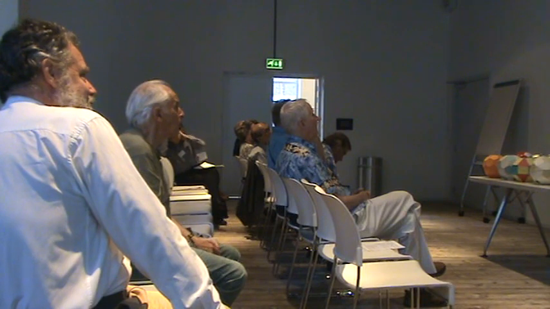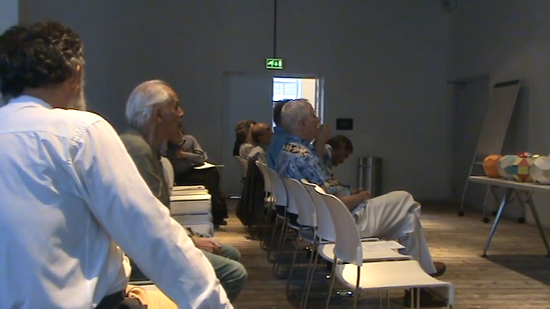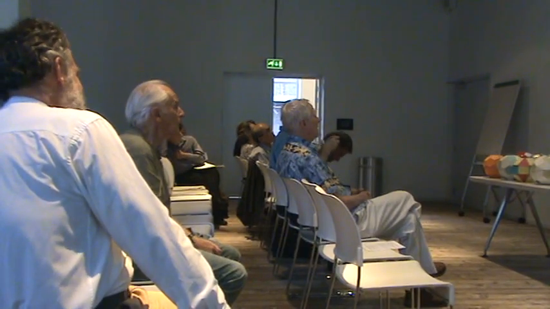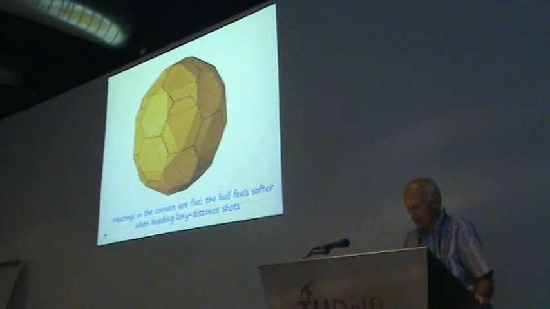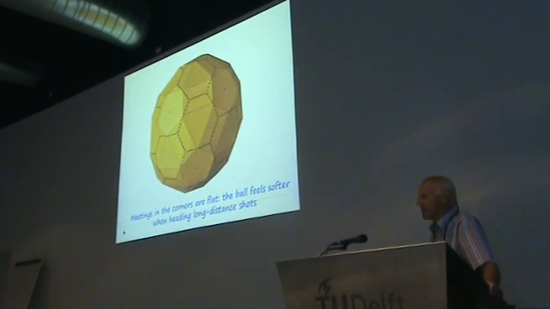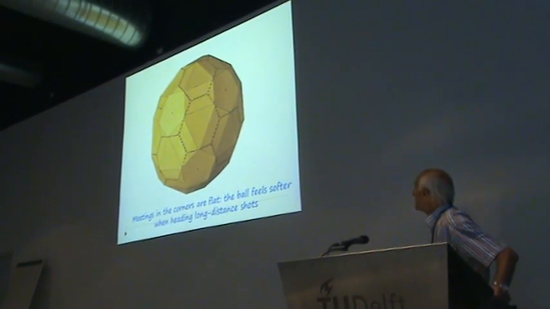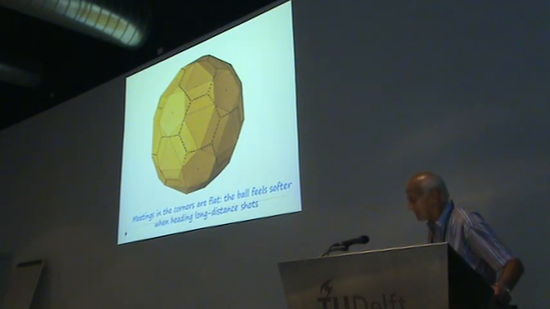Maybe both of them, a little bit. But you may agree that it is important that you have a ball that is as soft as possible. But you see that all corners here are completely flat, 360 degrees.